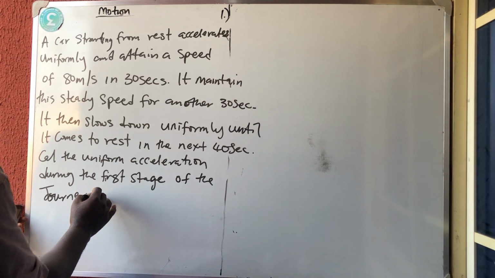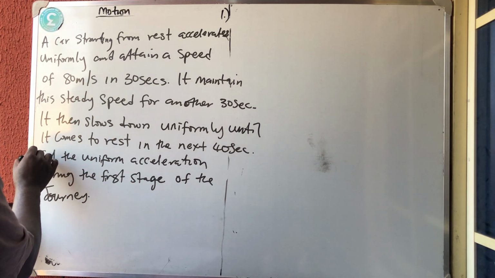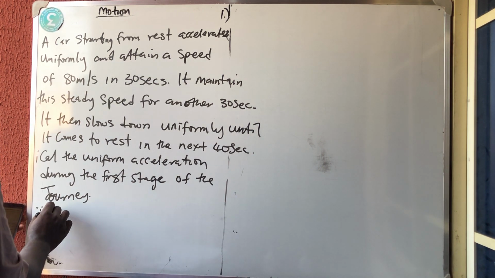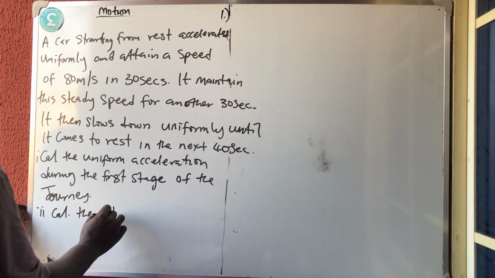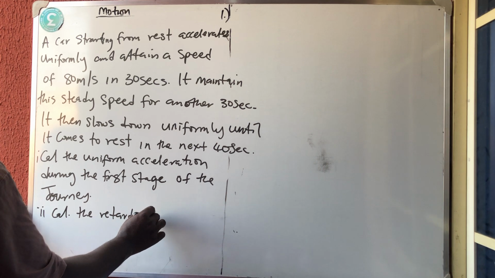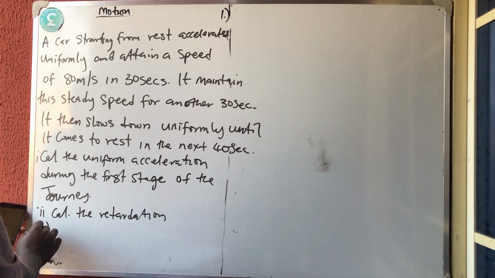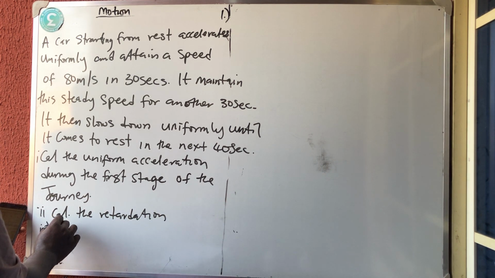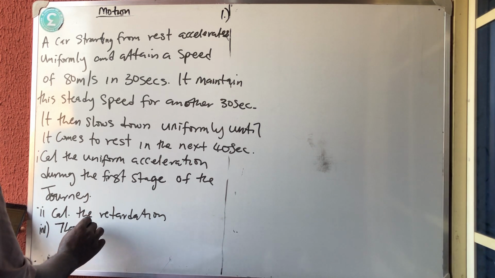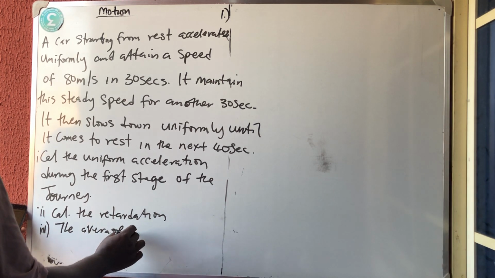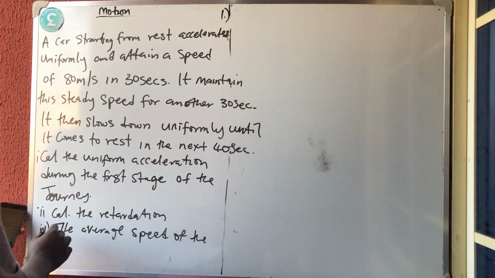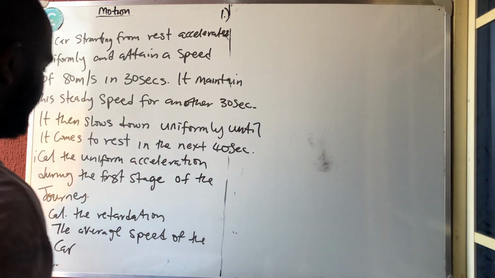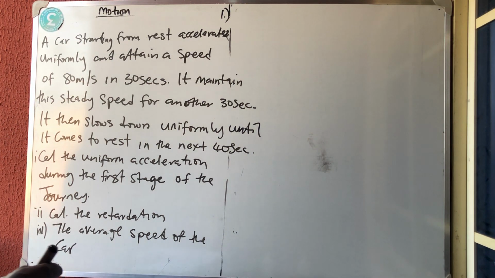Then II, calculate the retardation. IV, the average speed of the car. Okay, so these are the things they say we should find.